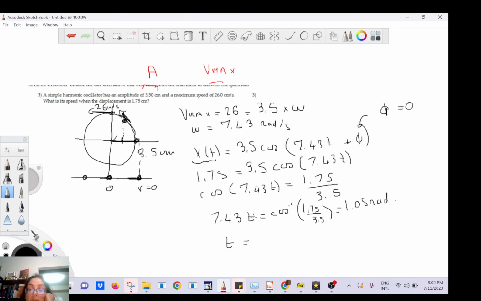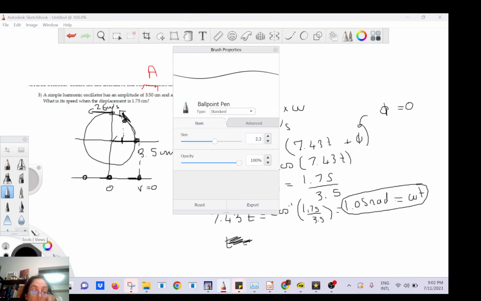Oh, you don't have to find t. I'm going to keep that. So that's going to be omega t. Because I want to find the speed, right?